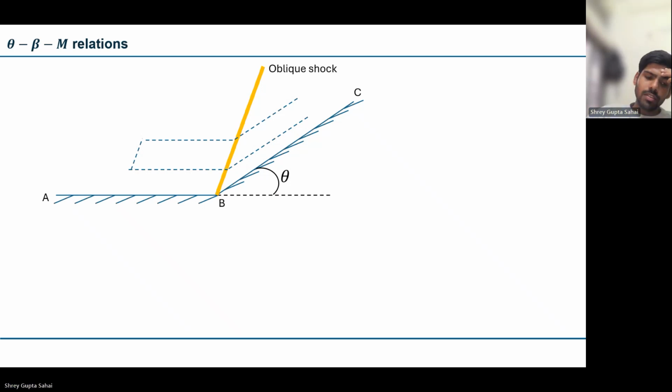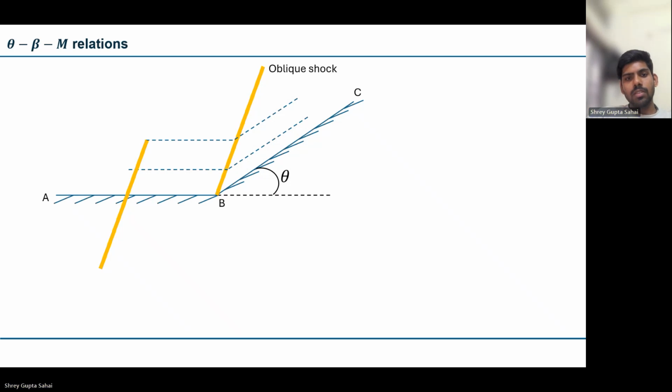Maybe this is the angle with which you want to close the surface for the time being.